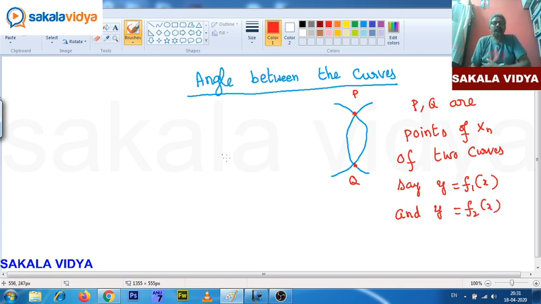See, what do we mean by the angle between the curves? That curves also plane curves, this is plane curves.